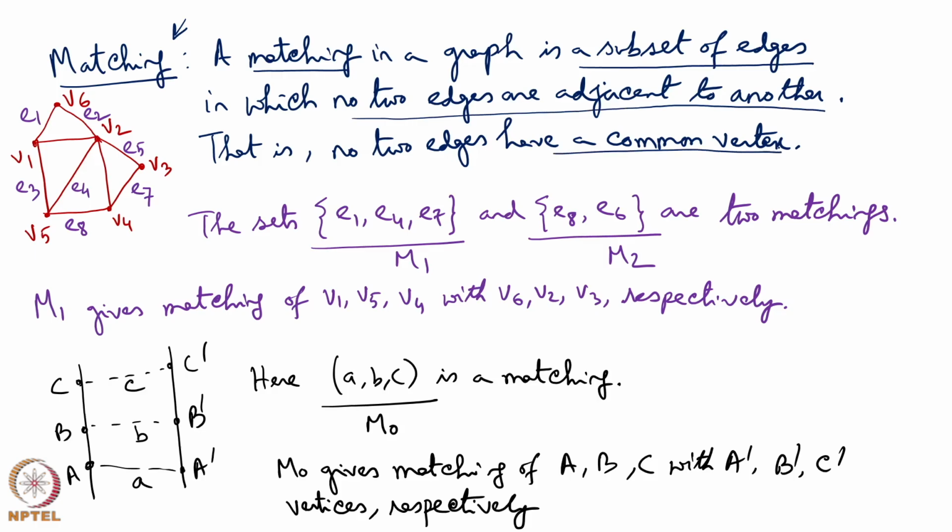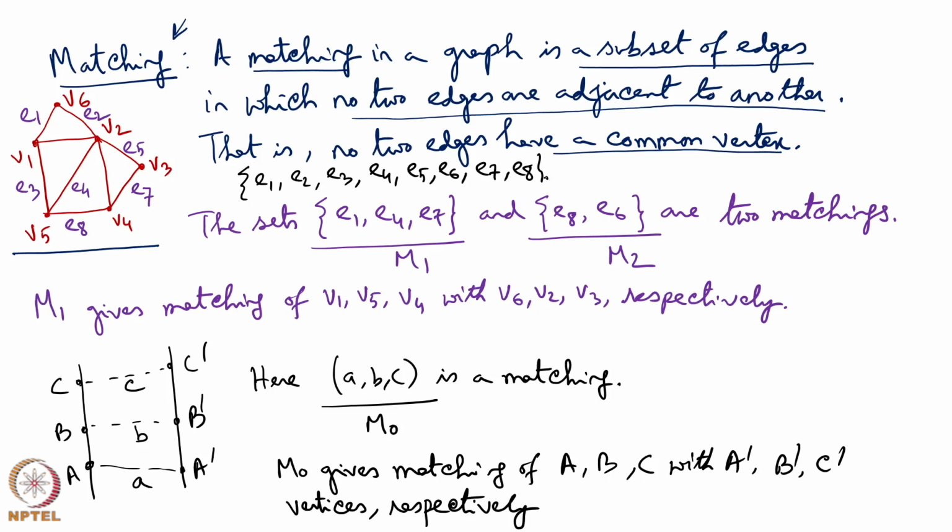Now, we look at this graph and we can see the edges are already marked, and those edges are E1, E2, E3, E4, E5, E6, E7 and E8.